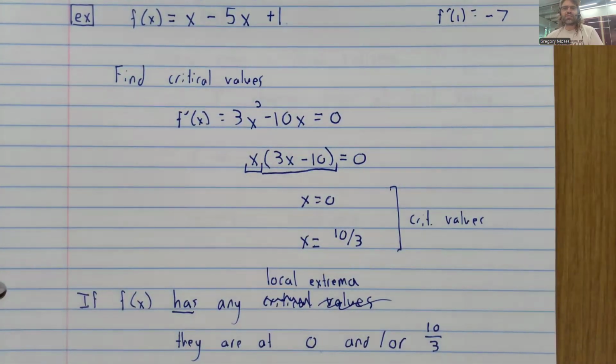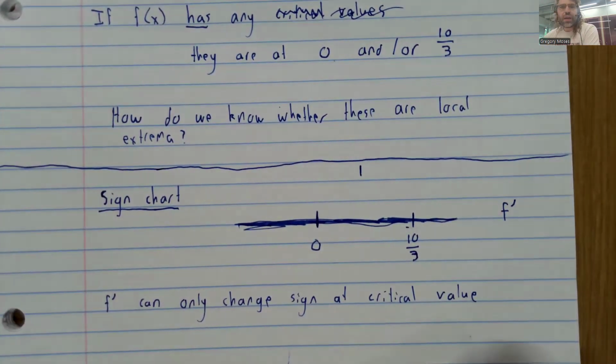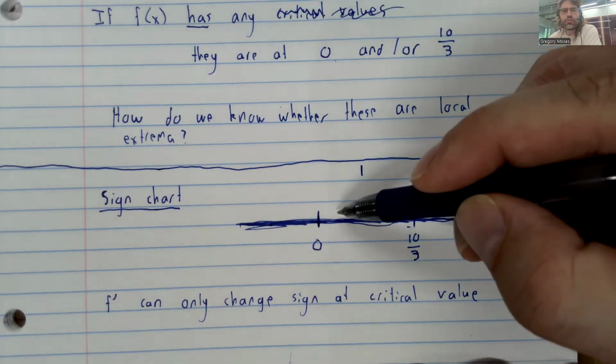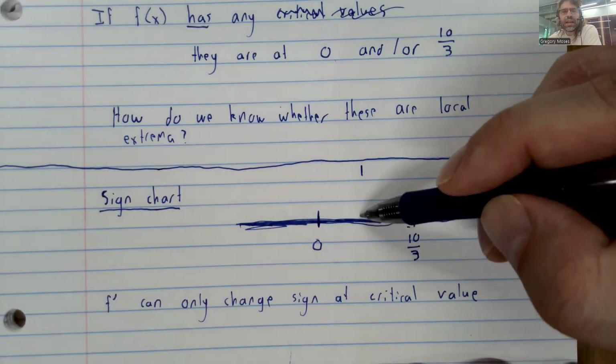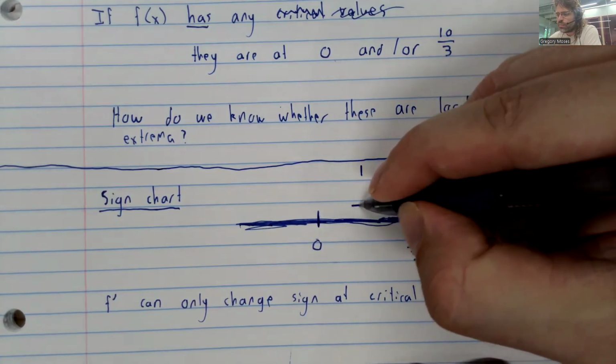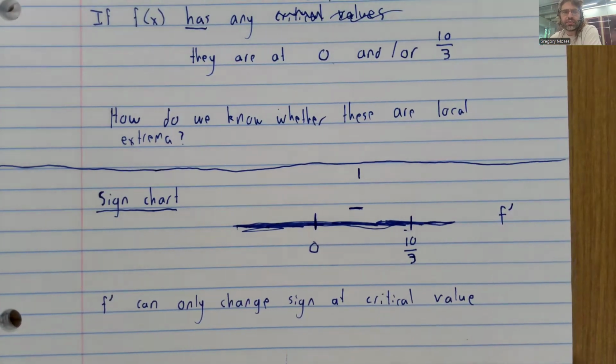It's negative 7. The 7 doesn't matter. The negative sign matters. The derivative is negative at a point in this interval, so it's negative at every point in this interval.